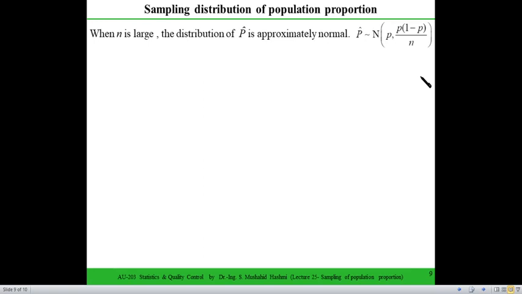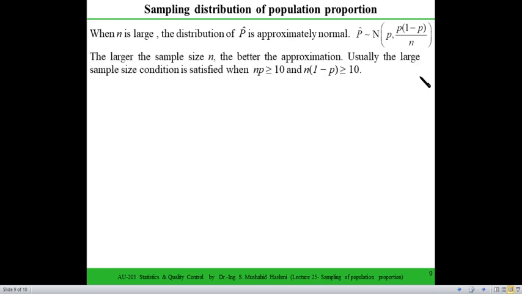So for large samples, we can see the distribution of the sample proportion as a normal distribution, and the larger the sample size, the better the approximation. Usually the sample size condition for a large sample is satisfied when the product of the sample size and the probability of success is greater than or equal to 10, and the product of the sample size and the probability of failure is also at least 10.